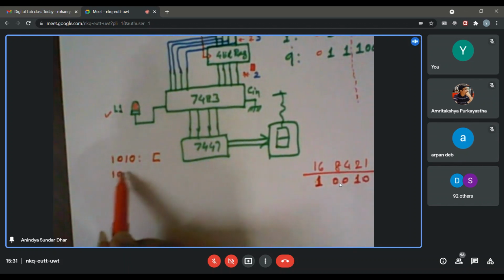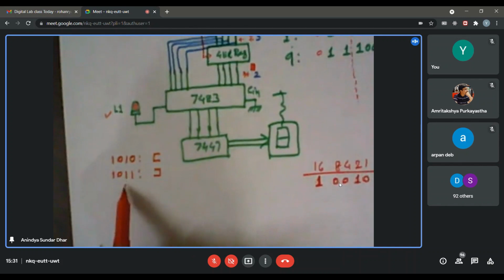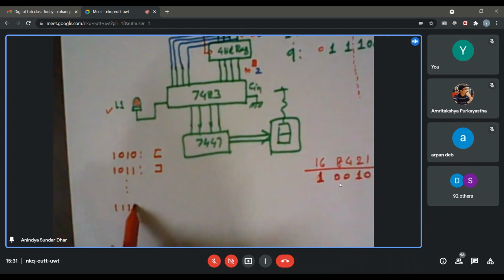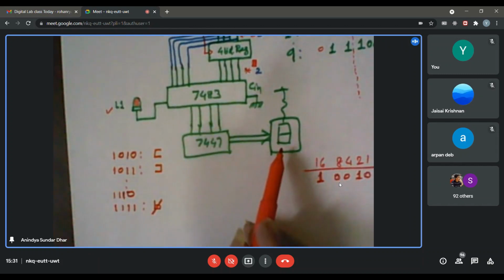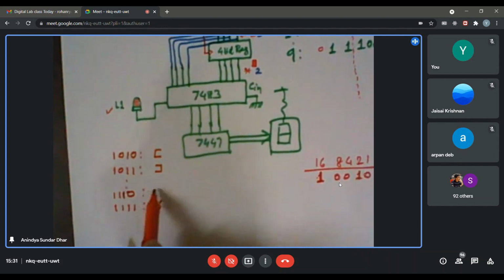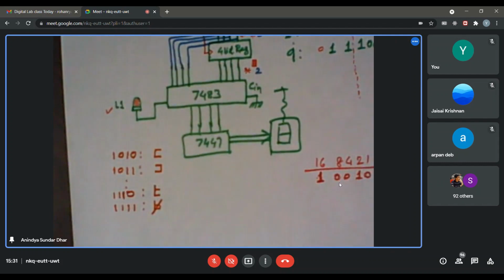If the result is 11, it will look like this, and so on. If the result is up to 15, 1111, do you remember what is 15? It'll be a blank. 15 is blank, no display. So if you see there is no display, and if you are sure that it is not because of any malfunctioning, say you have not connected the power supply, then you know it is 15. For 14, it would look like a small t, a lowercase t. So it will give you something like this, unless you do that binary to BCD type of conversion.